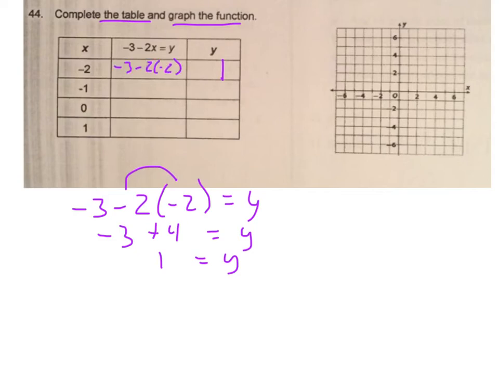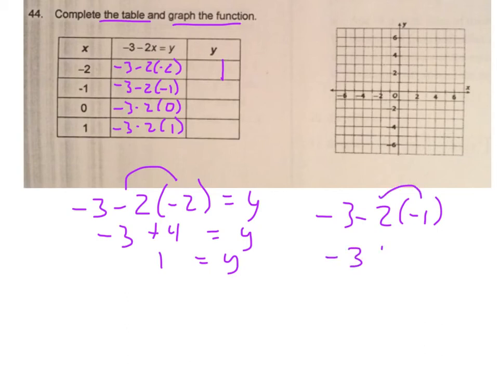We'll do the same thing here. -3 minus 2 times -1, then -3 minus 2 times 0, and then -3 minus 2 times 1. Now, -3 minus 2 times -1. This multiplies to give me 2, so -3 plus 2 gives me -1.